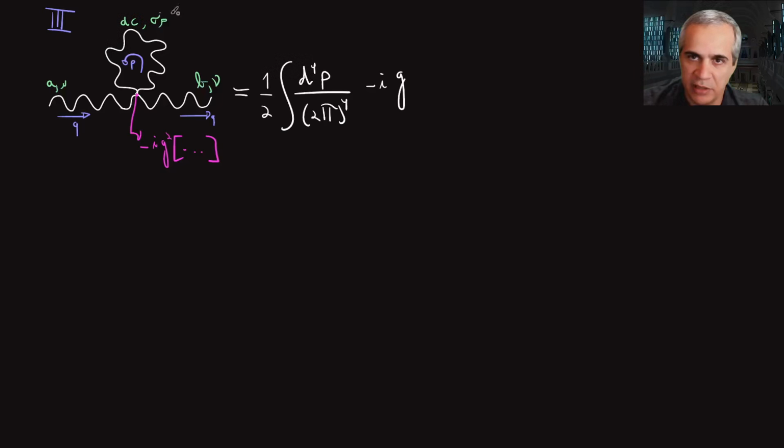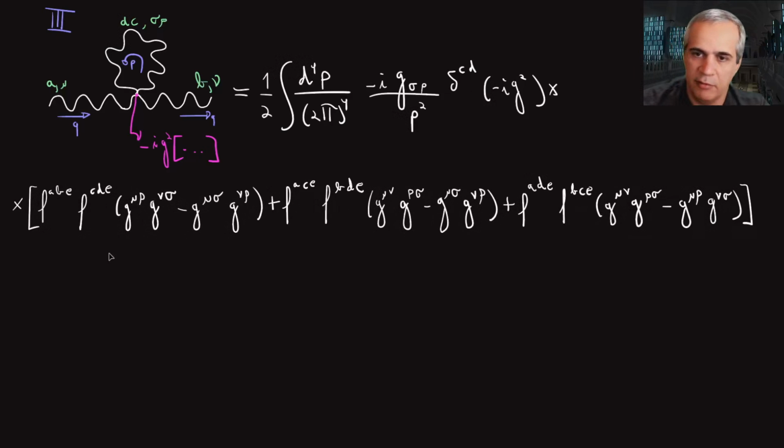So I have a g sigma rho, I have a 1 over p squared for the momentum going around this loop, a delta for the colors, delta CD, and I have this coupling minus i g squared, times this big thing, which I have saved right here. This is straight out the Feynman rule for this vertex with this choice of indexes.